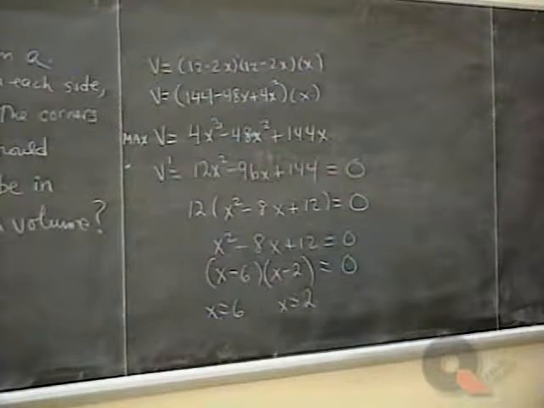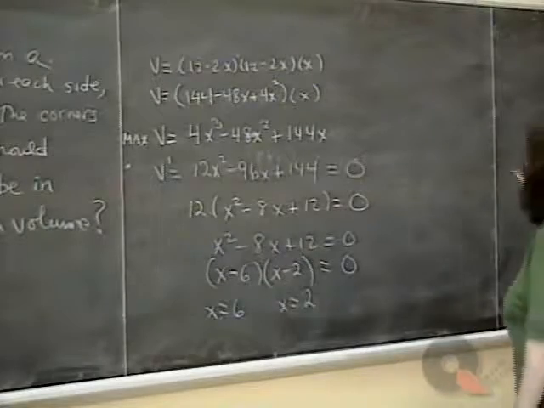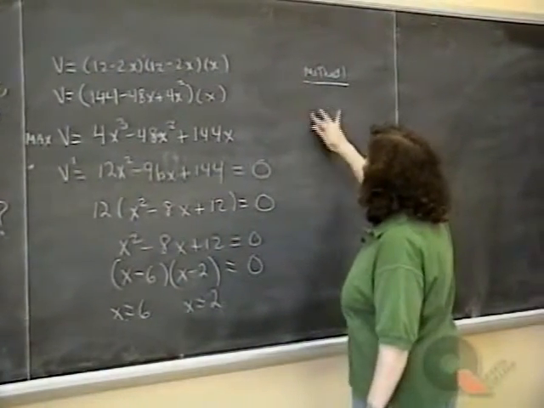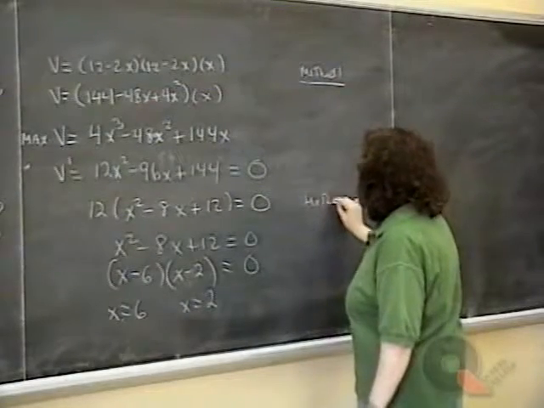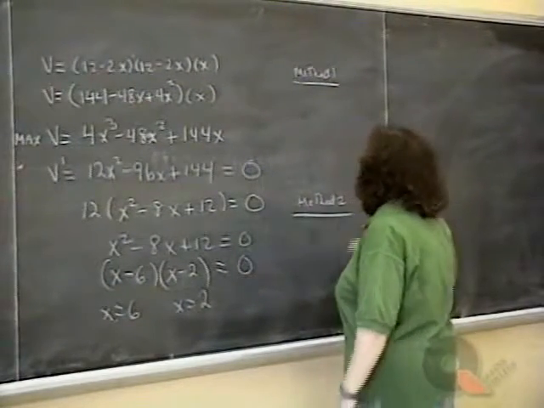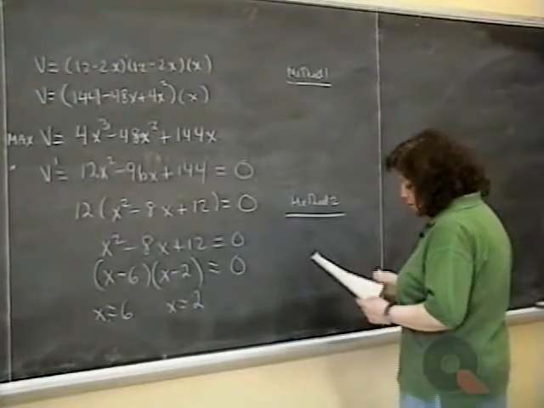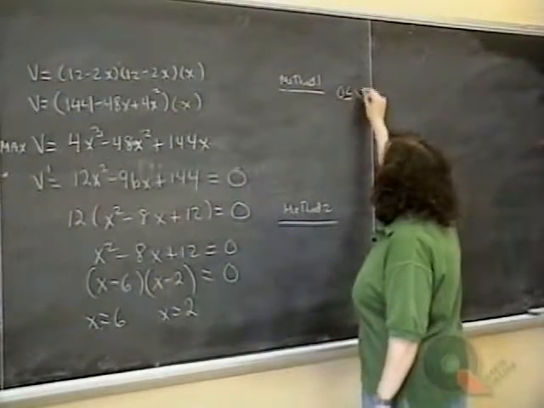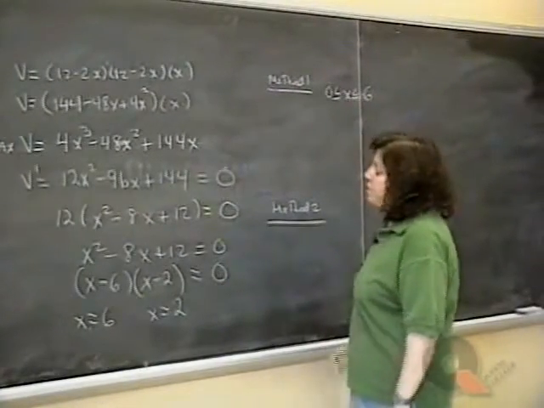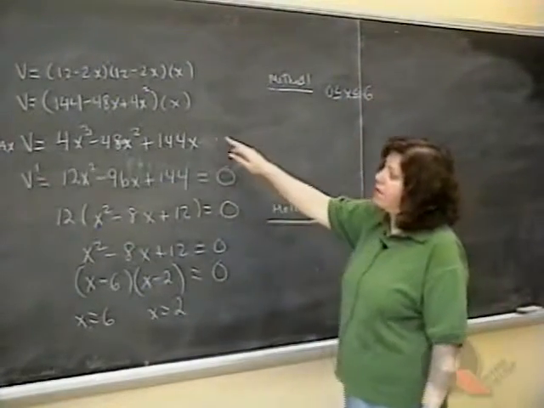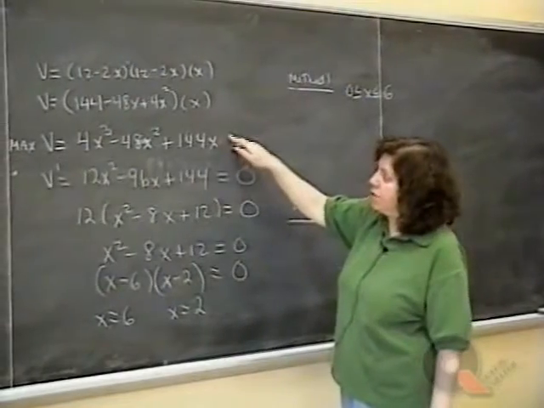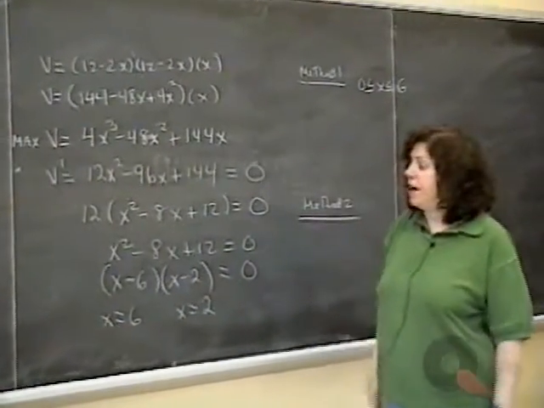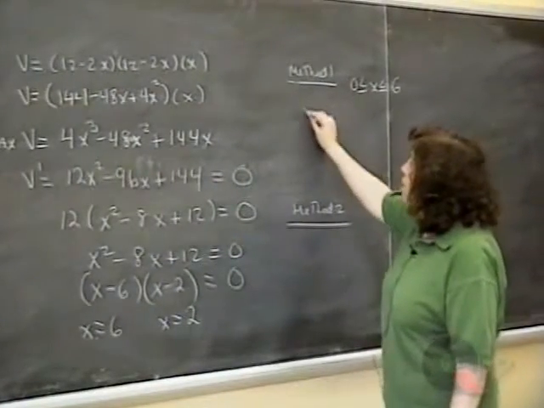Now, there are two ways to finish up the problem. Method 1 would say that we're working on the closed interval where x is between 0 and 6, in which case we're maximizing a continuous function on a closed interval, and it's guaranteed to have an absolute max and an absolute min.